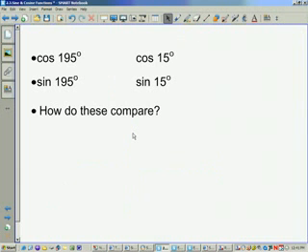We have cosine of 195. That's going to be negative 0.9659. The sine of 195, that's negative 0.2588.